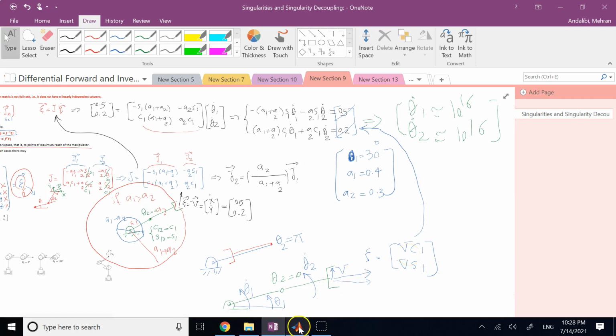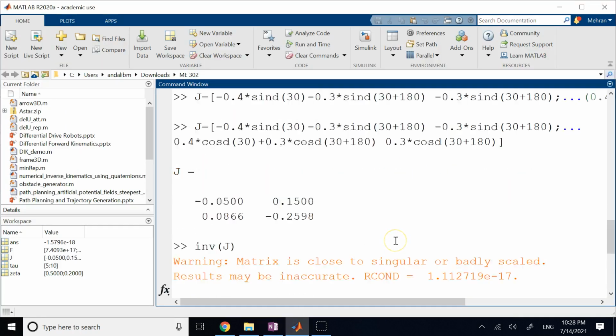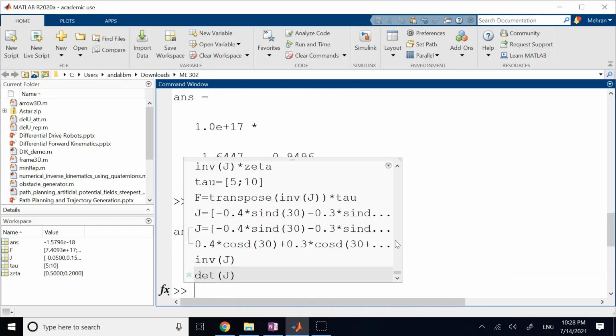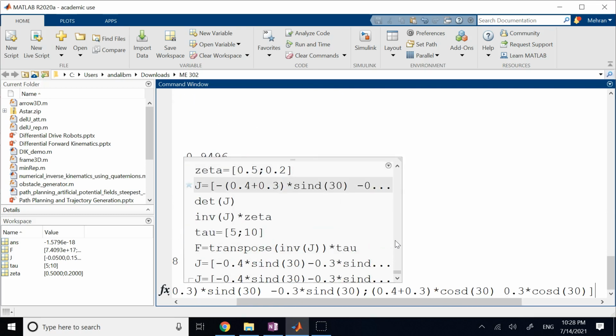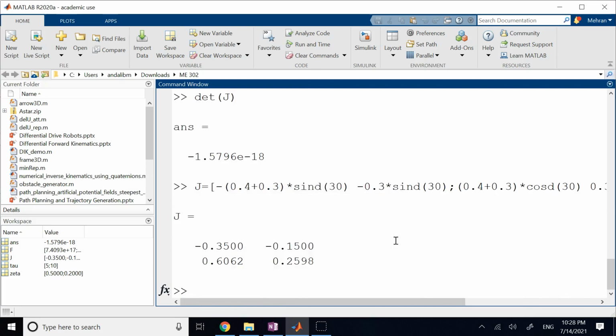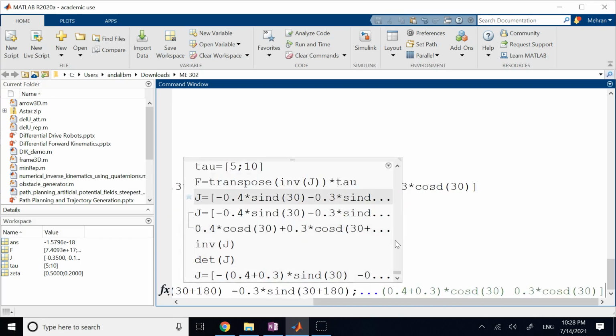Okay, so let's go back here. And this J that we had earlier, where was that J? I guess it's here, right? Yes, this is the first J that we defined. And my zeta, I changed my zeta.